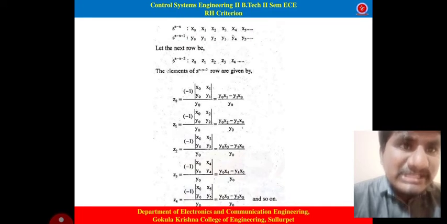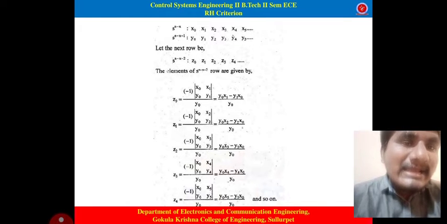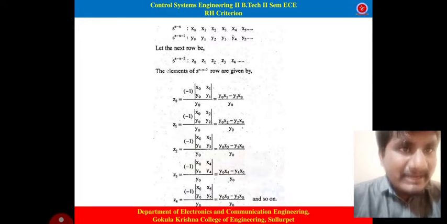You see, z0 is calculated by taking the determinant of x0, x1, y0, y1 and then dividing by minus y0, or we can write minus 1 into the determinant of x0, x1, y0, y1 divided by y0.